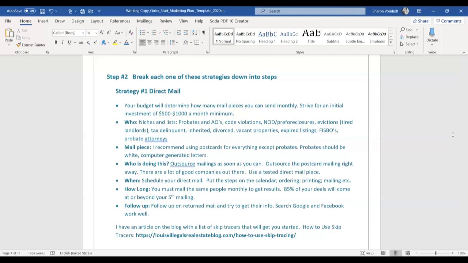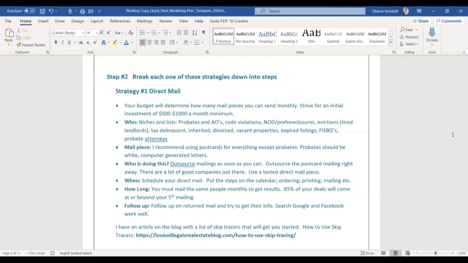Or in my case, I used to farm a neighborhood that I really wanted to buy houses in. And anytime I was over that way, I would drive through and note down any houses that looked like they were distressed, houses that were for sale, houses that were for rent, so I could call the landlord. Maybe they were a frustrated landlord, but have a purpose when you're driving for dollars.